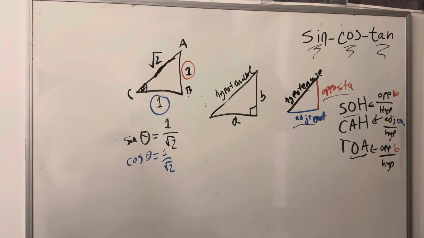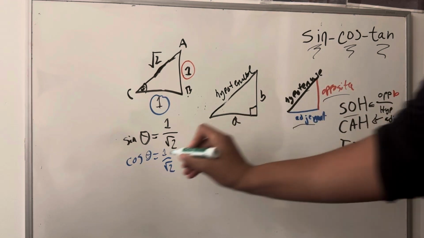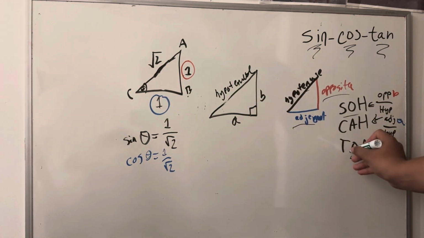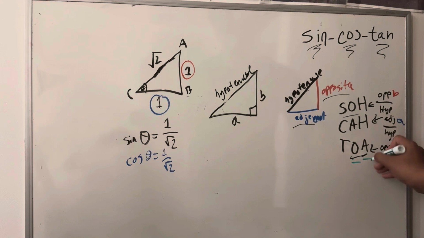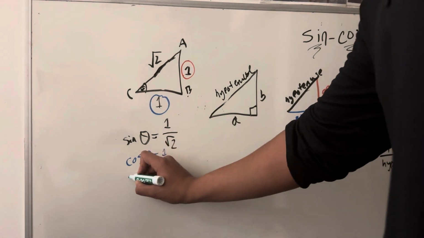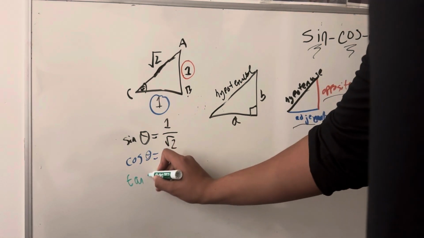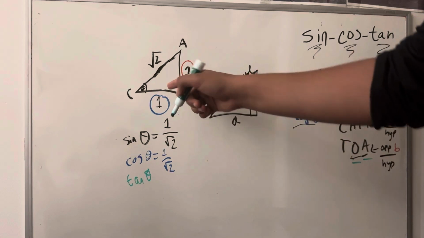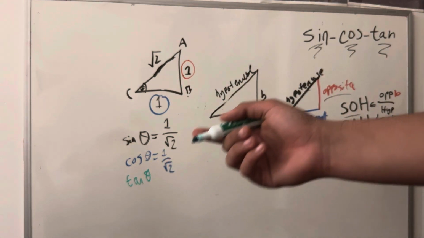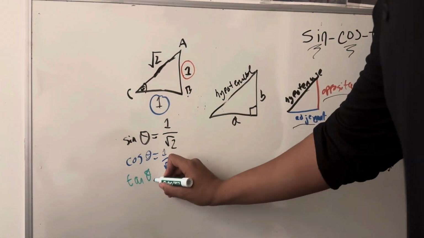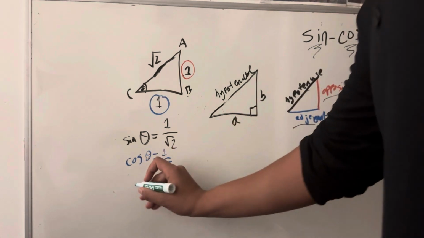it is different, because tangent doesn't include the hypotenuse. For tangent, it's opposite over adjacent, tangent theta. And if you don't know, theta just means it's a variable for an angle.